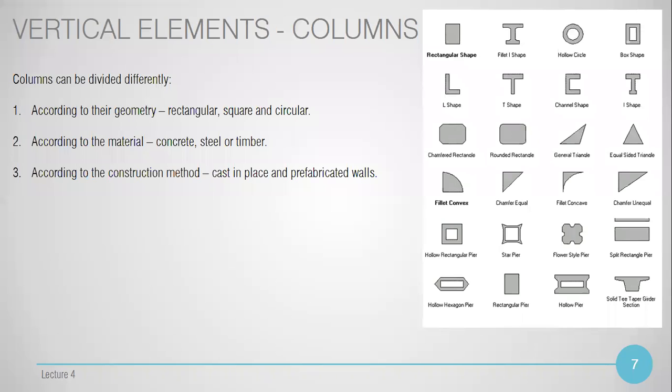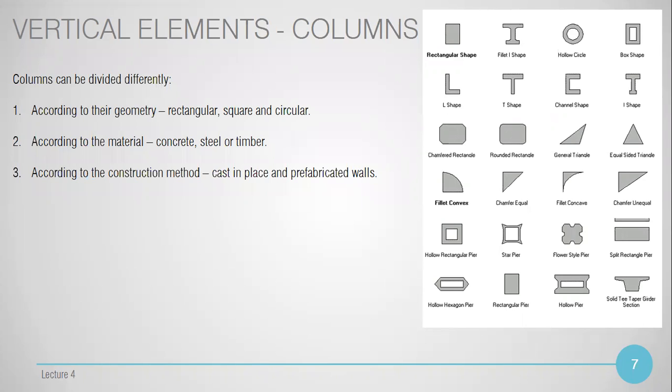So the vertical elements, columns, can be divided according to their geometry, according to the material, and according to the construction methods. According to their shape, they can be rectangular, square, or circular. In residential buildings, in order to stay rational, we usually use square columns. According to the material, we divide them into concrete, steel, and timber columns.